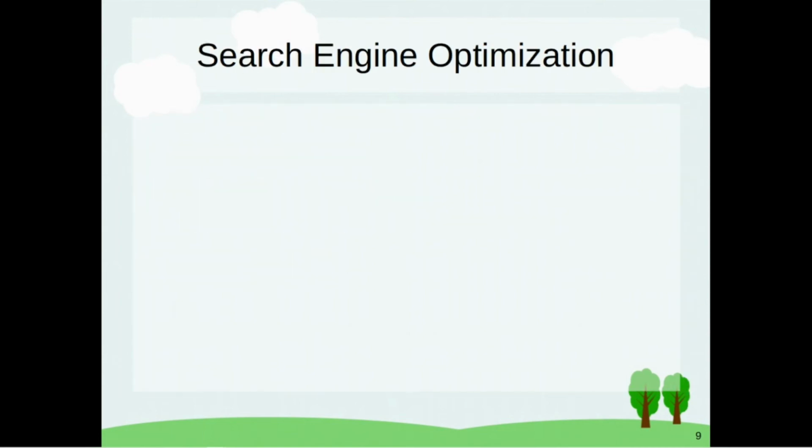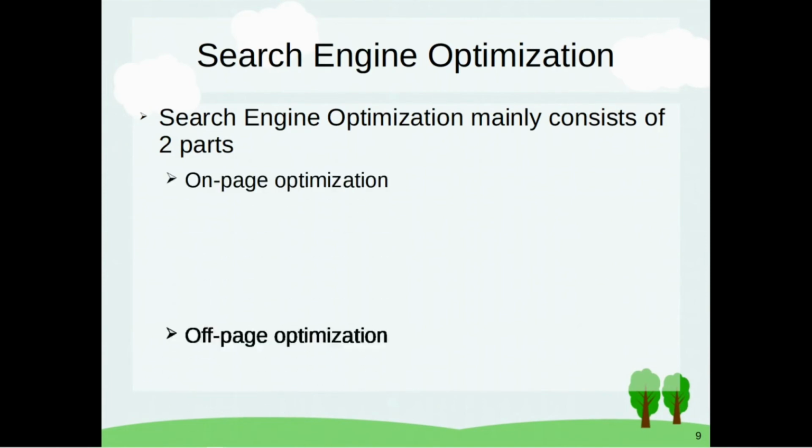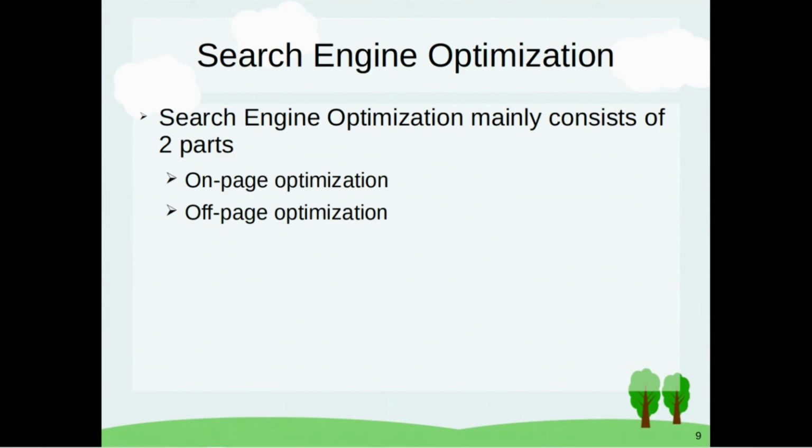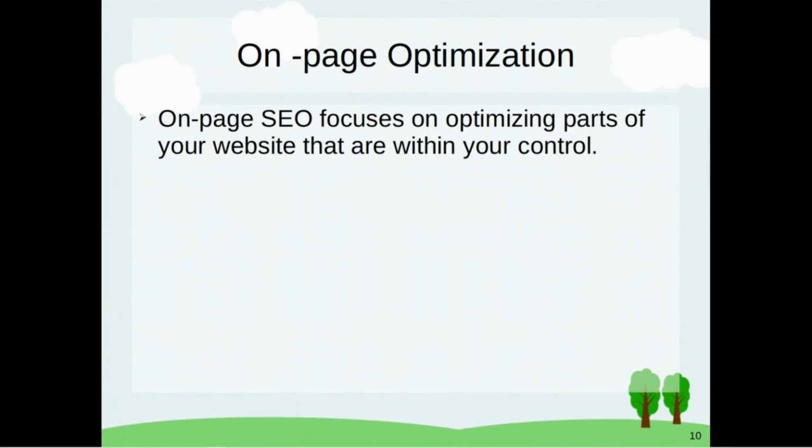After that we will see search engine optimization, which mainly consists of two parts: on-page optimization and off-page optimization. On-page optimization primarily focuses on your website, and some things will be changed in your code and applied within your website.